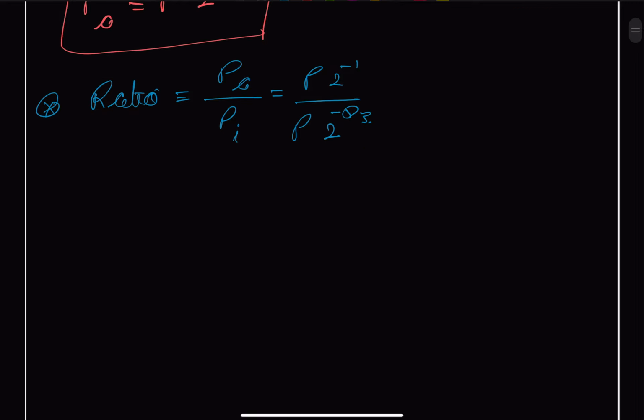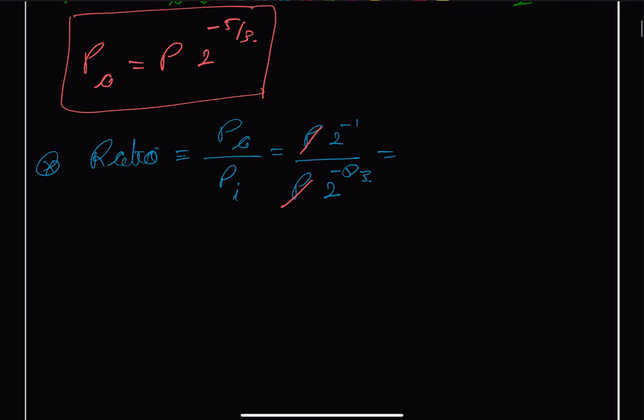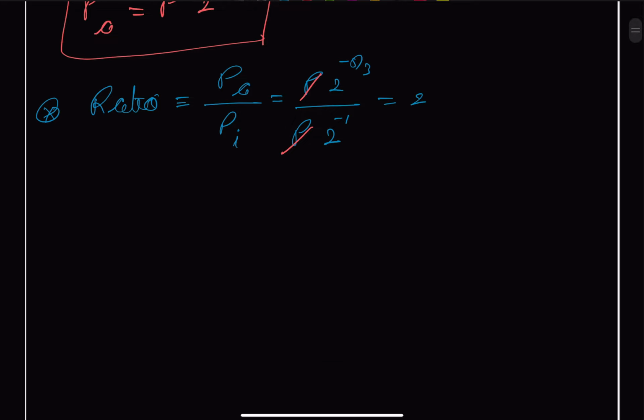Here P and P cancel out, so the powers are minus 5 by 3 and minus 1. So we get 2 raised to power minus 5 by 3 plus 1, which is equal to 2 raised to power minus 2 upon 3.